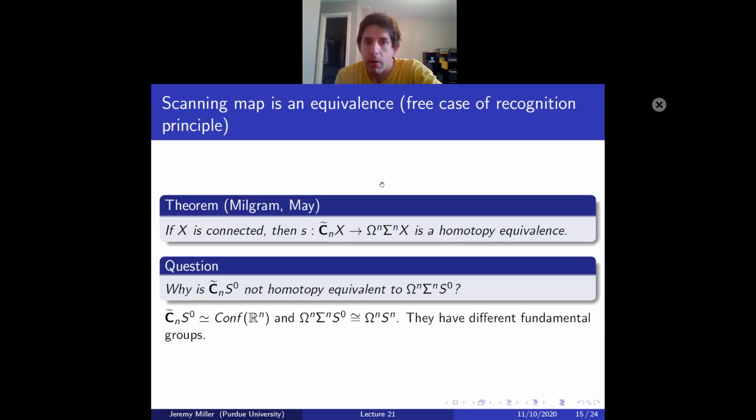Okay, so if you want to read a correct proof that a scanning map is a homotopy equivalence, there's a book by Peter May, Geometry of Iterated Loop Spaces, which is the proof that I'm most sure is written correctly.